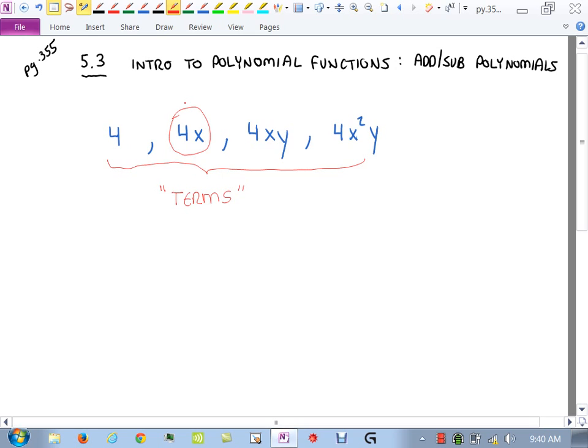Now with the term, we have something called the coefficient. The coefficient of the term is the number that's in front. So what is the number in front of this first term? 4. What's the number in front of the second one? 4, 4, 4. So all 4 of those terms have the same coefficient.